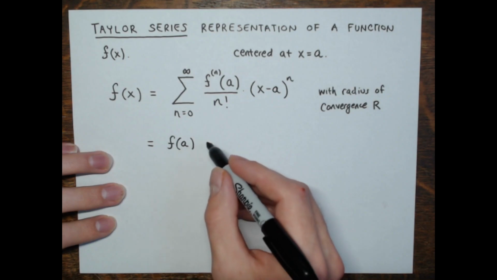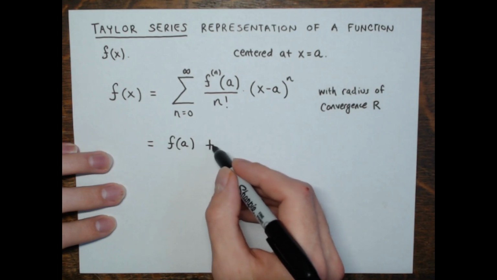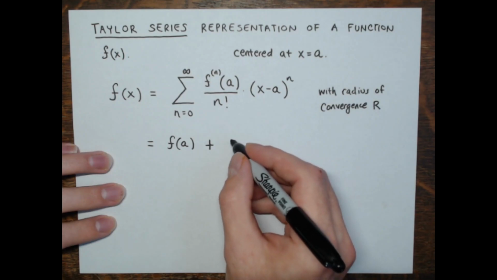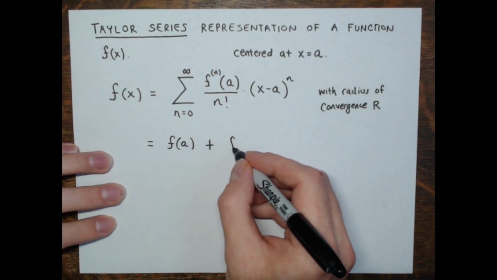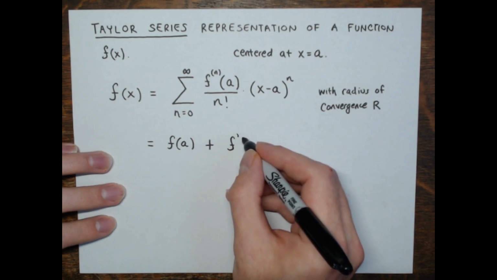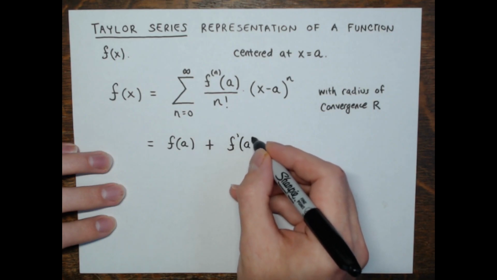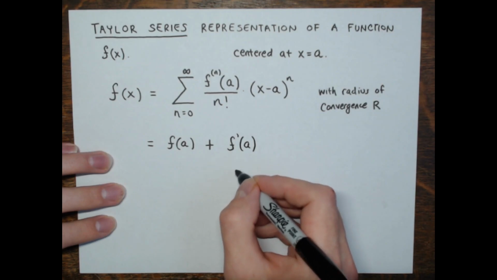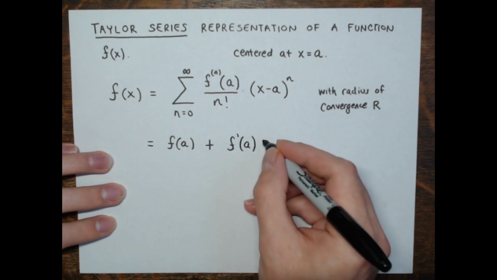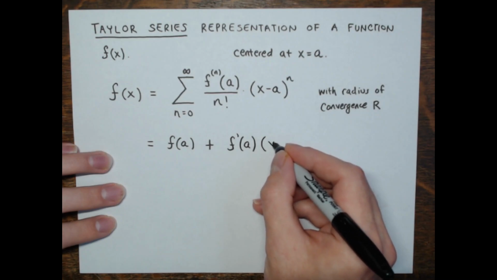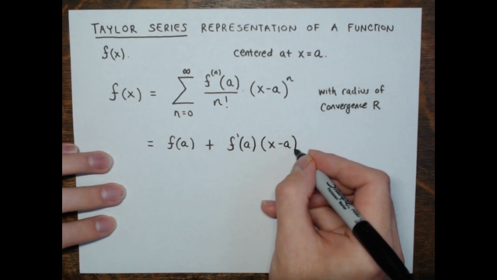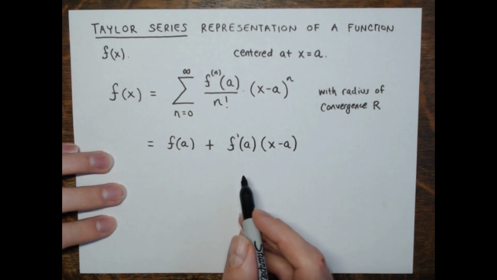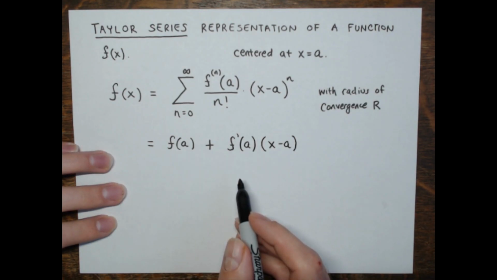So the first term, the constant term, is just the value of f at the center, the value of f at a. Plus, then when n equals 1, we'd have the first derivative, so f prime at a divided by 1 factorial. Now, that's just divided by 1, so I'm not going to write that. Multiplied by our x minus a to the first power. So there's the first power term of the power series.